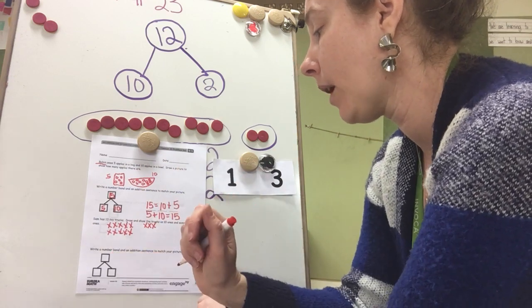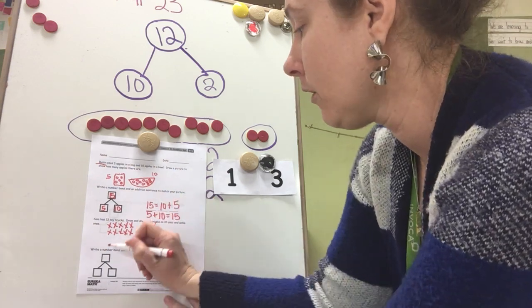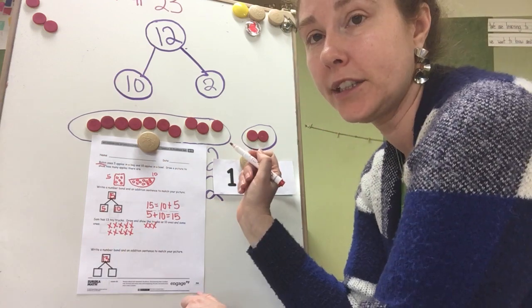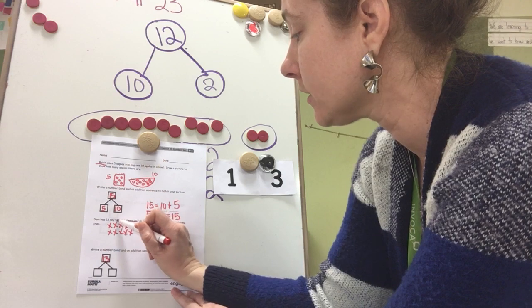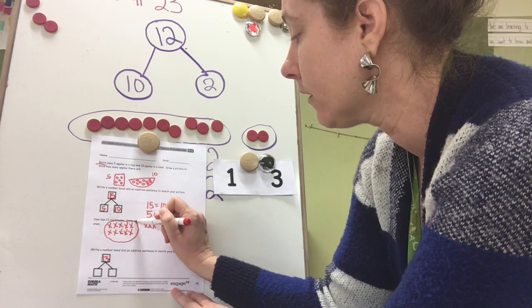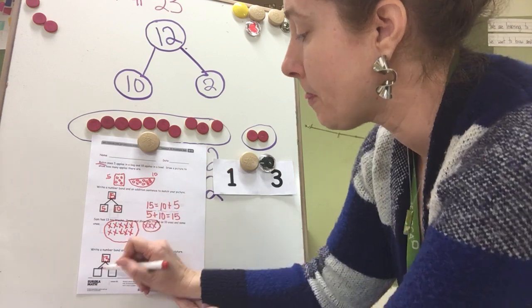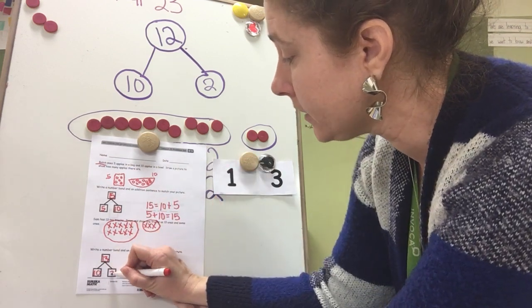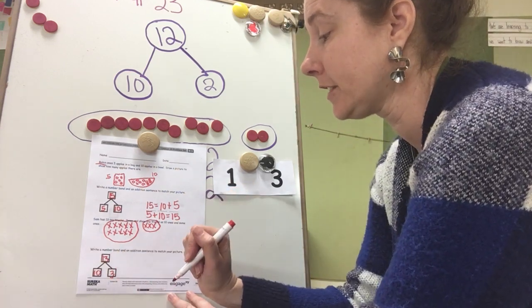Now write a number bond and addition sentence to match your picture. So I know that I just said there's 13 trucks because that was the total in the story. And now I have my parts. Part 1 and part 2. Part 1 is 10. Part 2 is 3. 10 and 3 is 13.